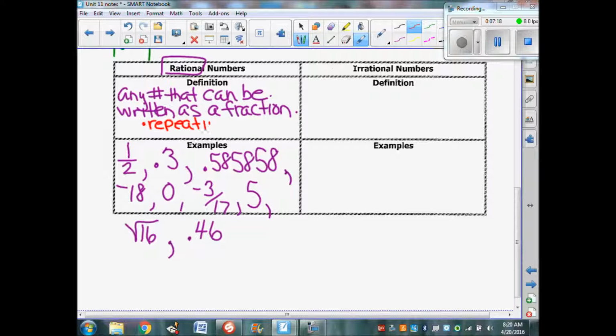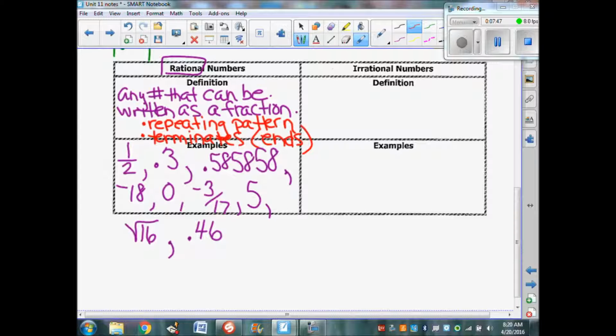If there is a repeating pattern, meaning a repeating decimal, that's a rational number. There's a pattern to it. And if it terminates, and what does terminate mean? Terminate means it ends. An ending decimal. It doesn't go on and on and on.